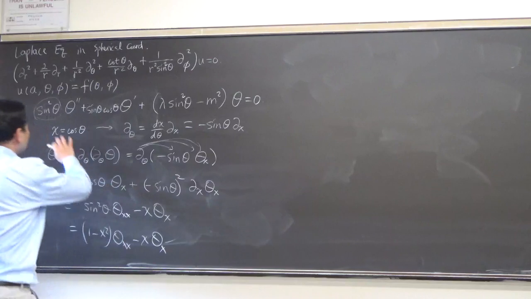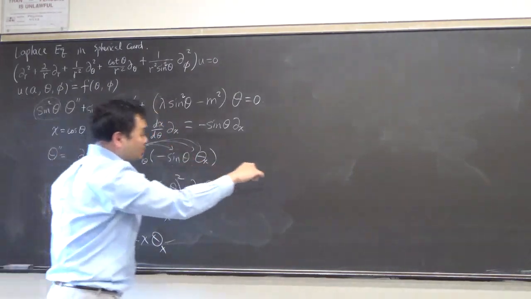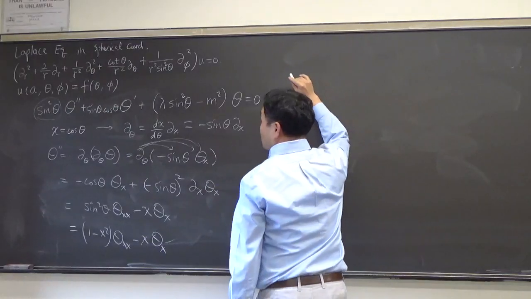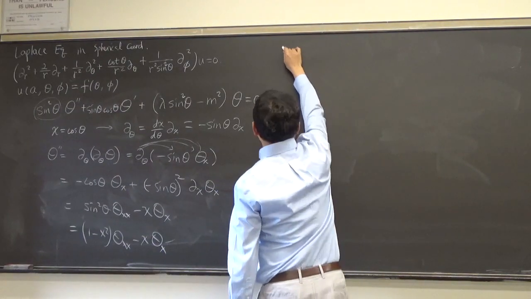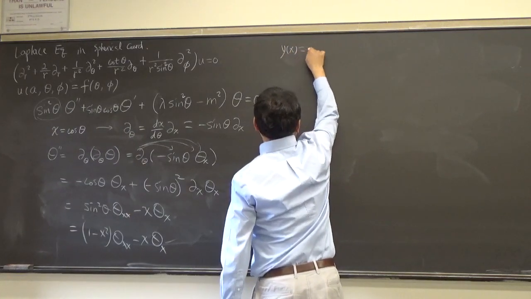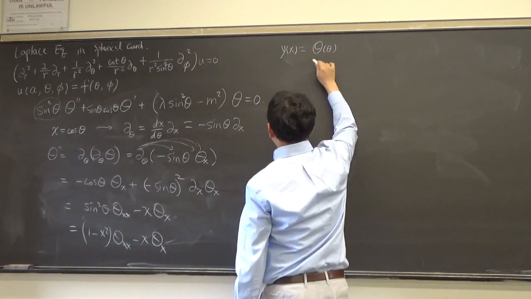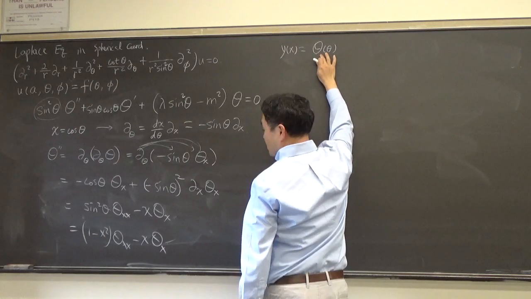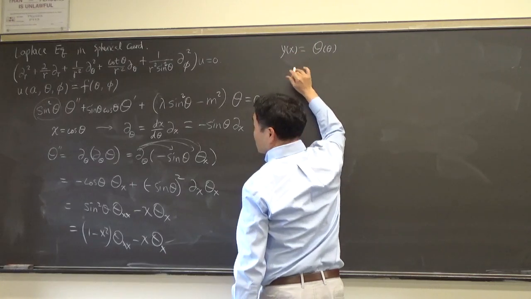And if you divide everything by sine squared, so that this is gone, we stopped where I said, let's use y of x as big theta of theta, because then I don't have to write differentiation by x. Because y prime means differentiation by x.